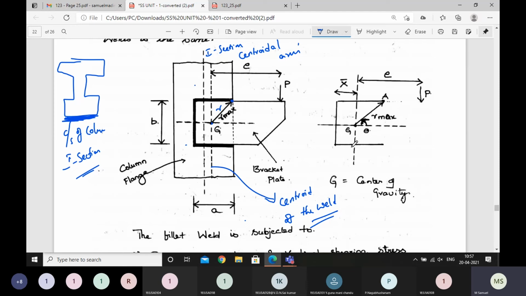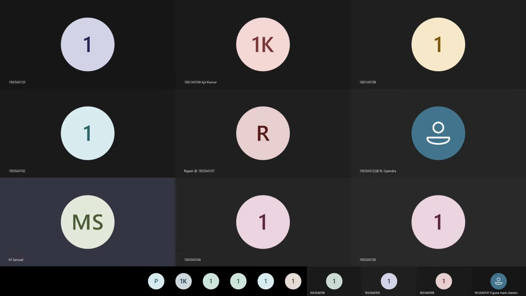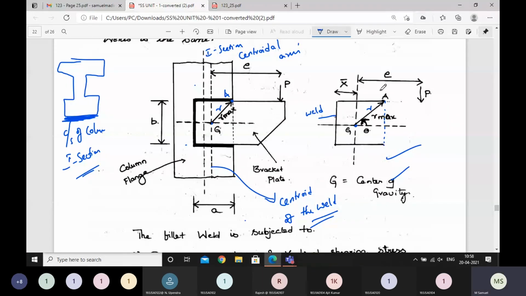ఐ హోప్ యూ కెన్ సీ హియర్. ఓకే, సీ హియర్ on this side image on your right side. Okay, this is the weld, this is weld, and this is centroid of the weld, and this is R or R max. Okay, this is A. ఈ ఎసెంట్రిసిటీ అనేది ఎక్కడి నుంచి ఎక్కడ అంటాం? ఈ కనెక్షన్ నుంచి P అనే లోడ్ కి. ఓకే, సో కనెక్షన్ టు P, ఎసెంట్రిసిటీ అని ఇదితో డినోట్ చేస్తాం.